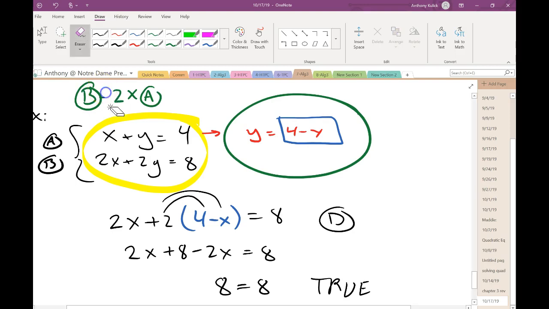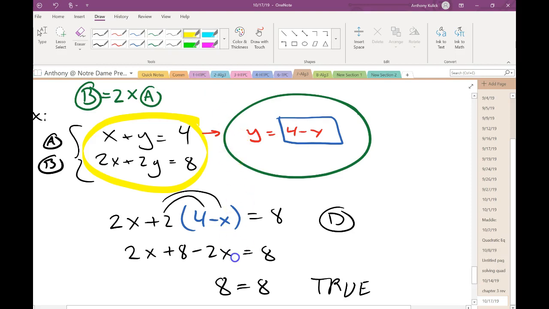Equation B is really just 2 times equation A. You guys see that? That if I take equation A and I multiply both sides by 2, I get equation B. That is enough to show that you're going to have infinitely many solutions. Now, you can certainly do the substitution and find a true statement at the end, like 8 equals 8. But if you make that observation in the beginning, that's enough.